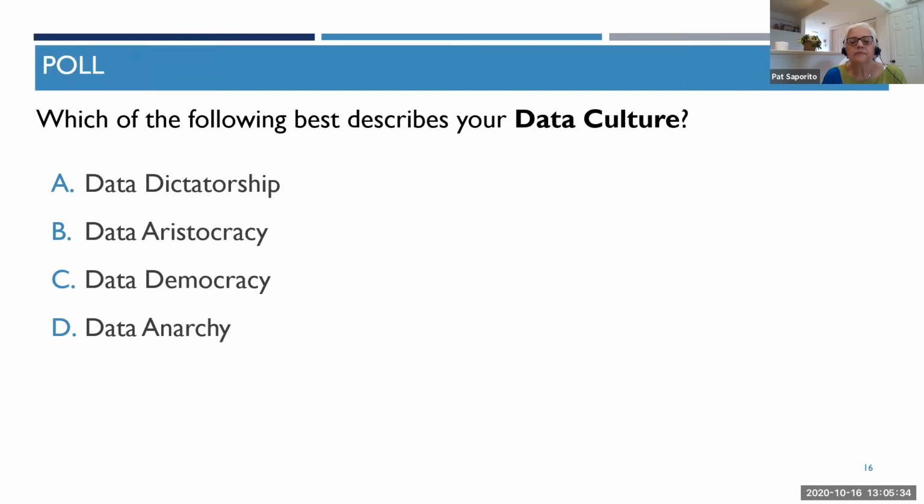Okay. Ooh, we got some data aristocracy going on here. Okay. Let's see. We'll get a little bit more. Only about 60% of you have voted, and hopefully I gave a good enough explanation of what those are.